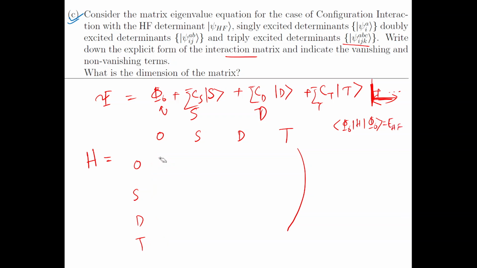H00. And you can write here H0S, which is basically phi 0 H and the singles.